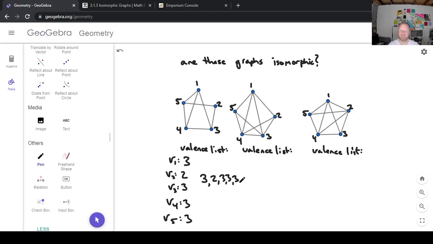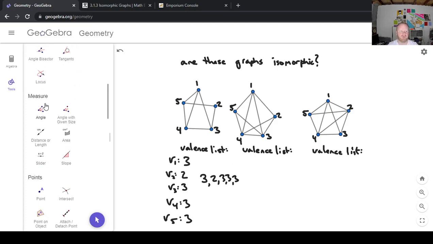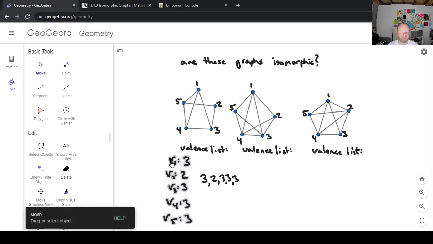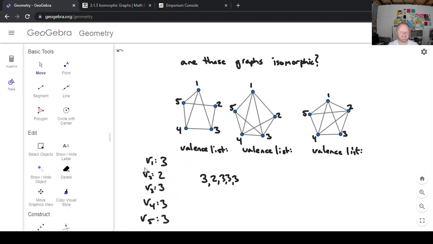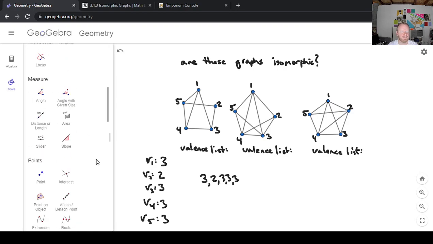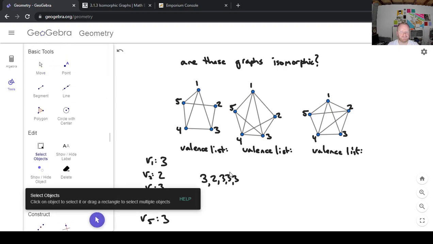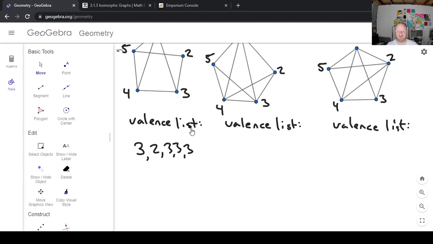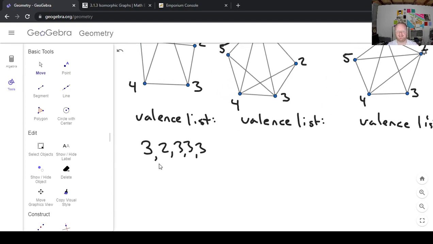Okay. So I'll do this next one a little bit quicker now that we understand what I mean by valence list. Okay, so my valence list for this one is 3, 2, 3, 3, 3.